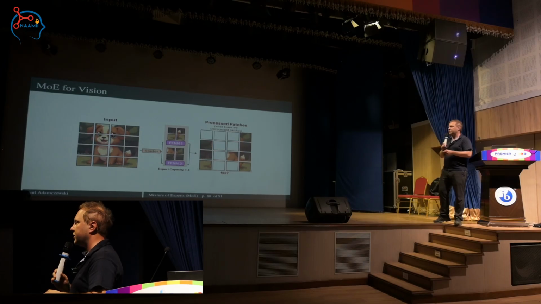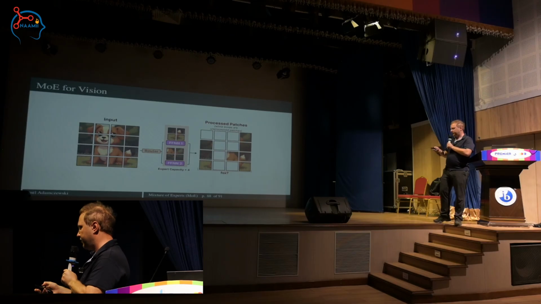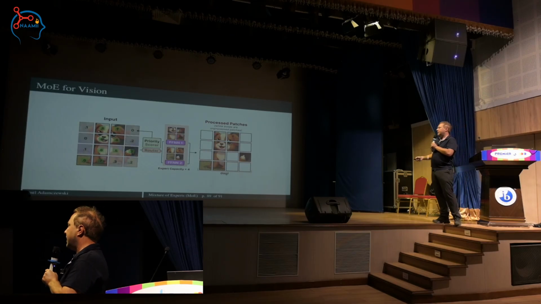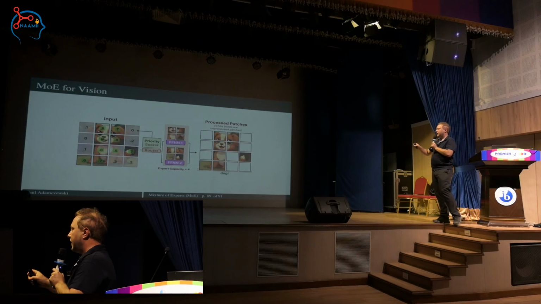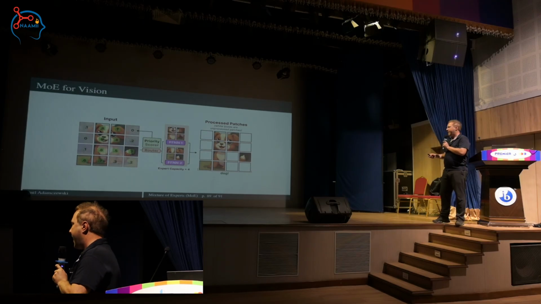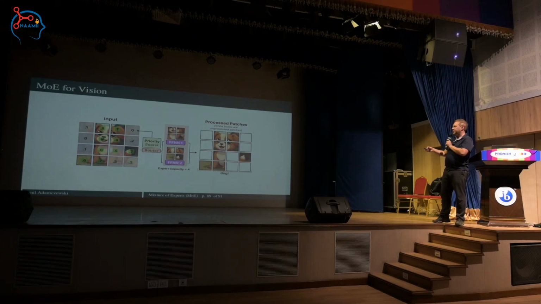For vision, there are some additional works that look at the importance of patches, and in this case, it processes the more important patches first. And this way, if we have the expert capacity, which I just mentioned, it may be lower. So in this case, the expert capacity is 4, and then maybe some of those tokens could be dropped.